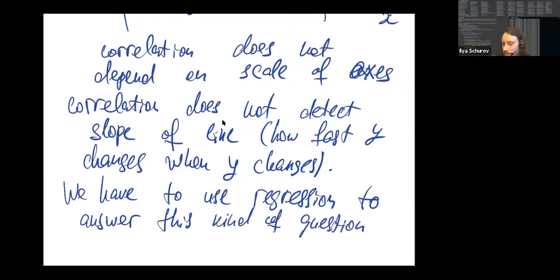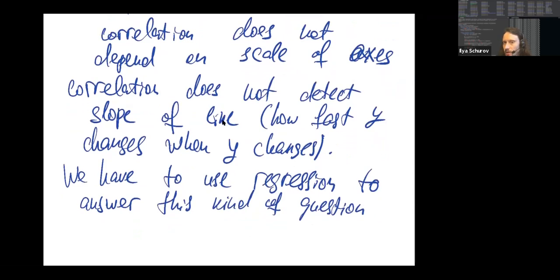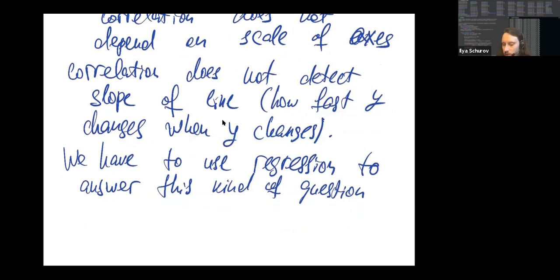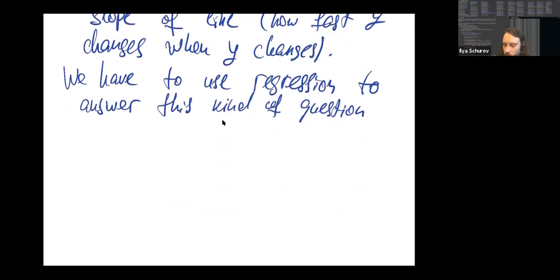Let me show you some possible data set, some possible setting when this question is very natural. Assume that we are interested in the following question: how fast children learn new words.